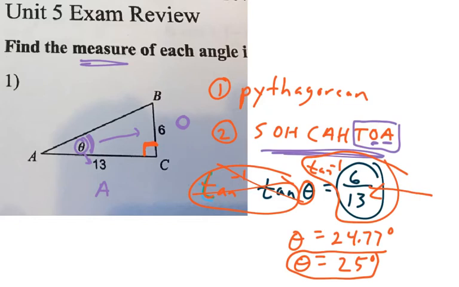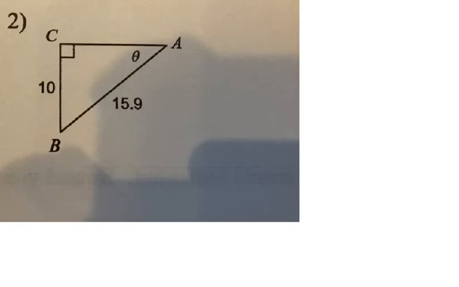Okay, let's do one more and that'll be the end of this video. Number 2. Notice our theta is up here. The 10 is opposite of theta. See how it's on the other side? The 15.9 is the hypotenuse. Remember, guys, you got to always know where the hypotenuse is, the longest side, right?